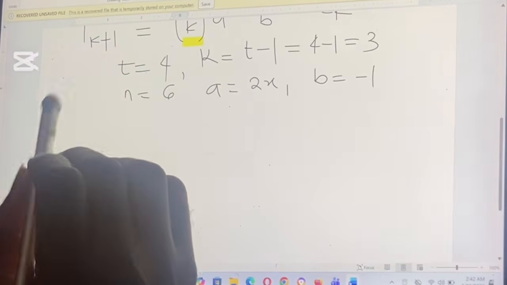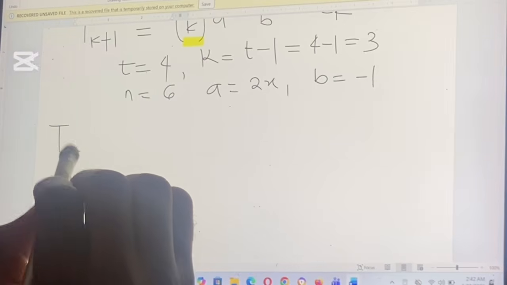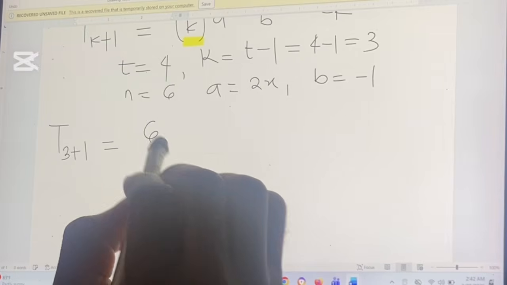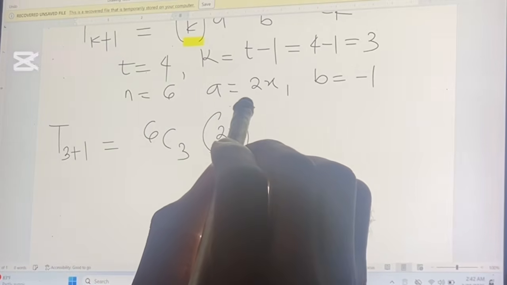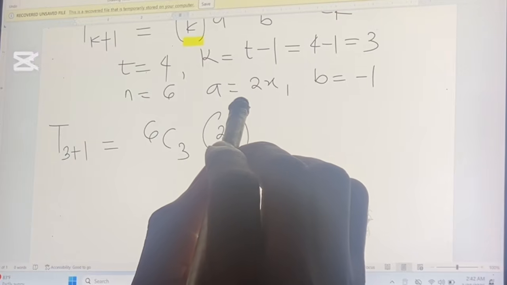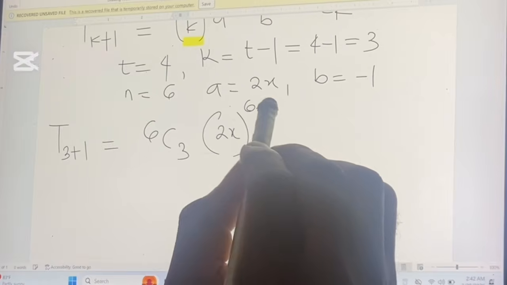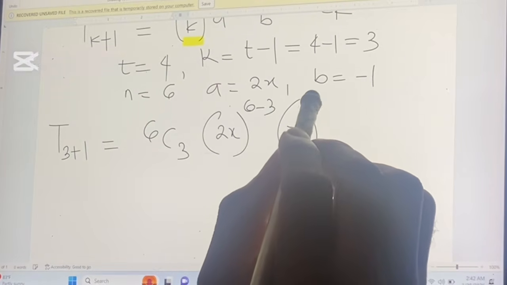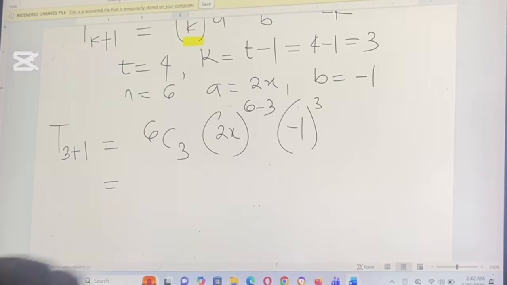When you replace this here, we have, class, T of 3 plus 1, please take note, equal to 6 combination 3 of 2s raised to the power of n minus k, where n is 6 and k is 3, times minus 1 all raised to the power of 3. So class, how do we get 6 combination 3?